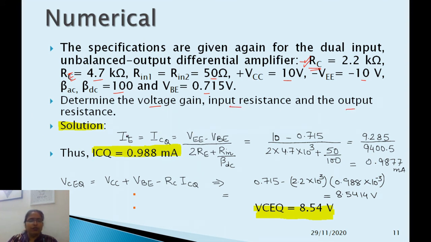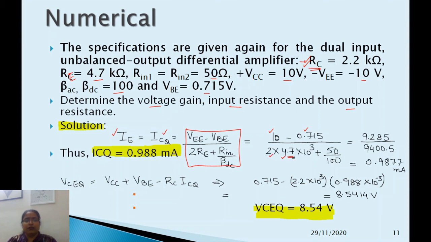So first of all, we will calculate the IEQ or ICQ, which is equal to, this is the equation. We have to know the relations of all these equations, they should be in your mind. Then you just have to put in the values. So V, you know, is equal to 10, VB is 0.715, 2 times RE.